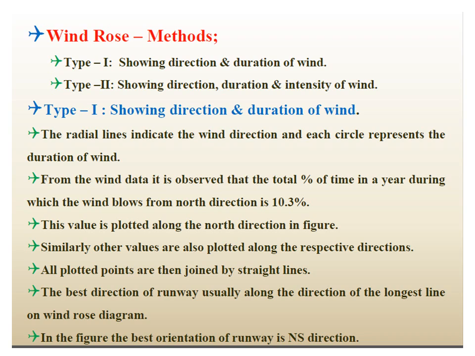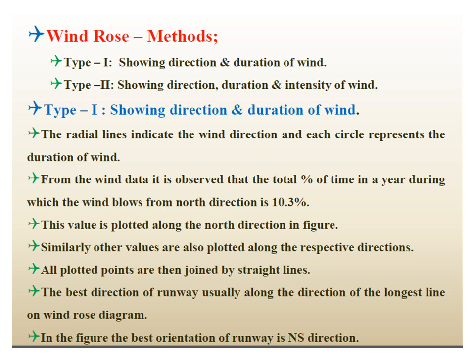From the wind data which we are going to see in the coming slide, it will be observed that the total percentage of time in a year during which the wind blows from the north direction is 10.3 percent. Likewise, we'll plot the values of duration of all the directions in the respective directions and concentric circles.